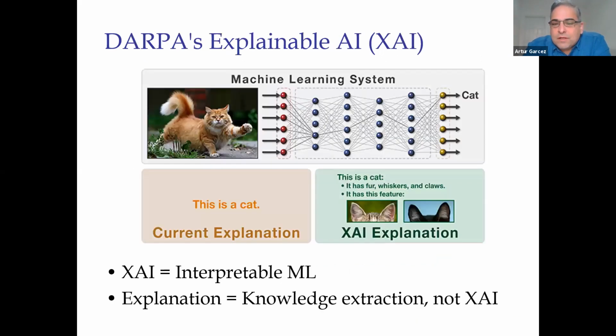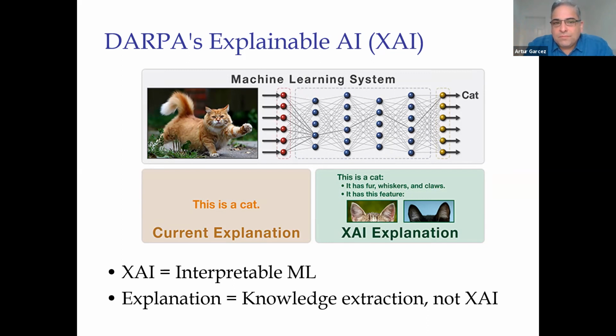So DARPA launched an explainable AI program, which at the time had this picture, and of course a lot more has been produced. There's been a recent special issue of a journal devoted to the programs and the projects there, which are a lot more advanced now. But at the time, this picture caught a lot of attention in that the idea was that, well, machine learning systems, deep networks, can just tell you that this is a cat, and then they were looking for explanations.